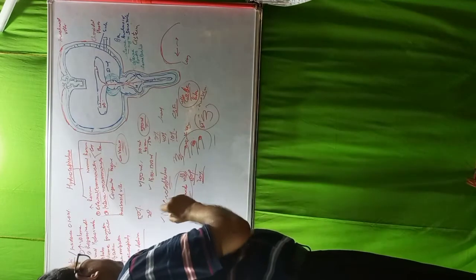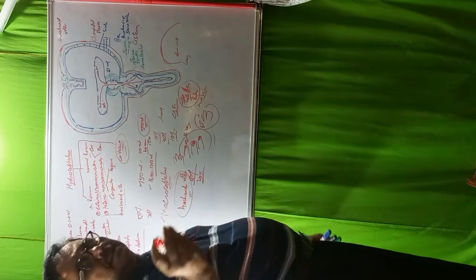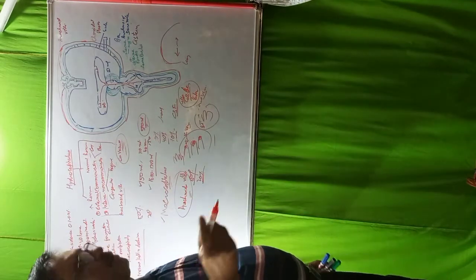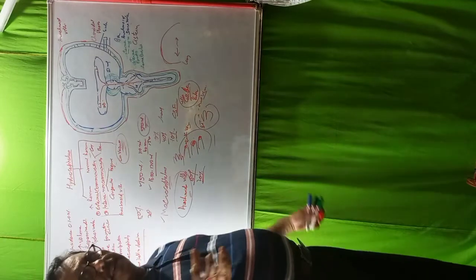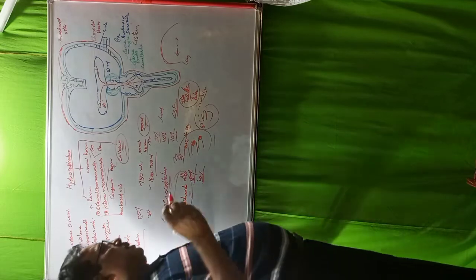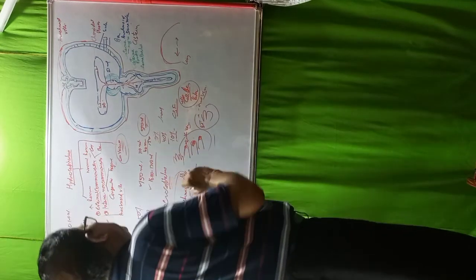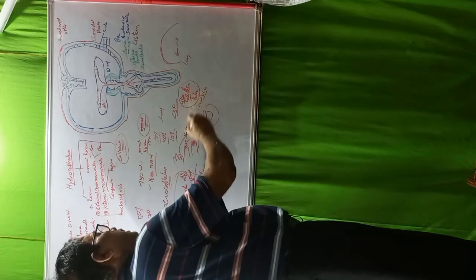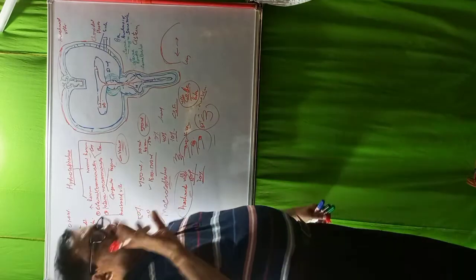In the external or communicating type, the defect lies in the arachnoid villi. Arachnoid villi may not be working properly, therefore there is no absorption, or the arachnoid villi may get blocked or choked due to the presence of excess cells, cell debris or protein material. This will cause blockage of the villi.